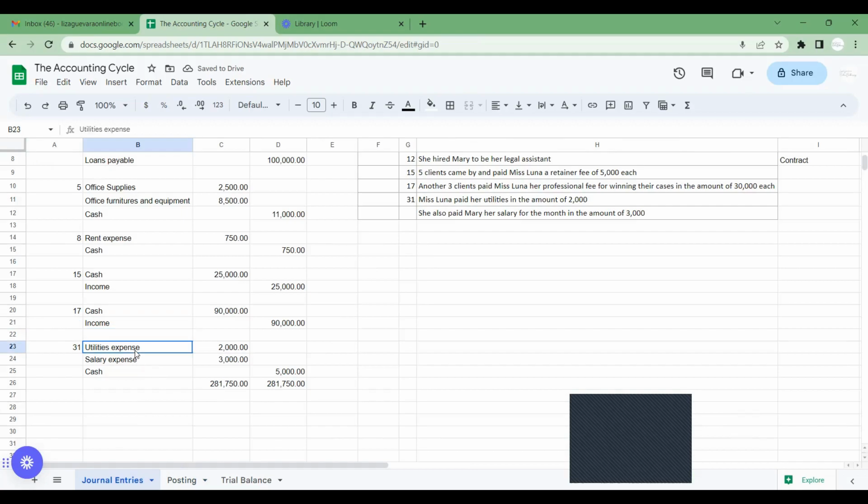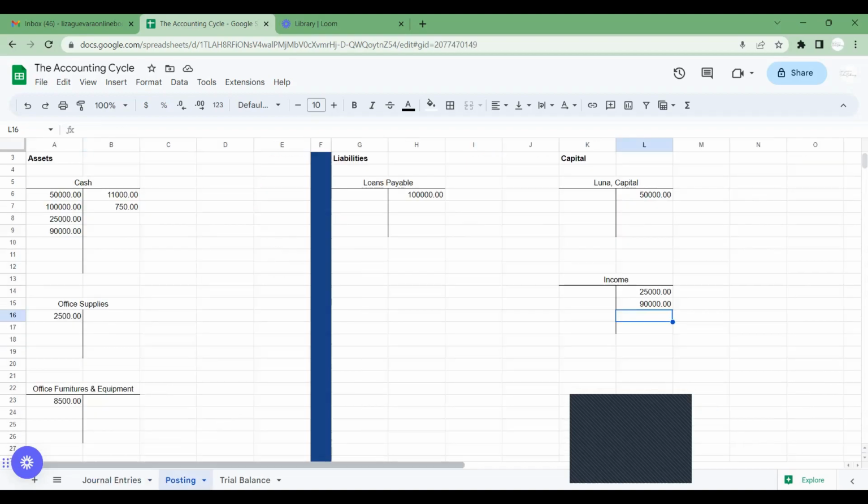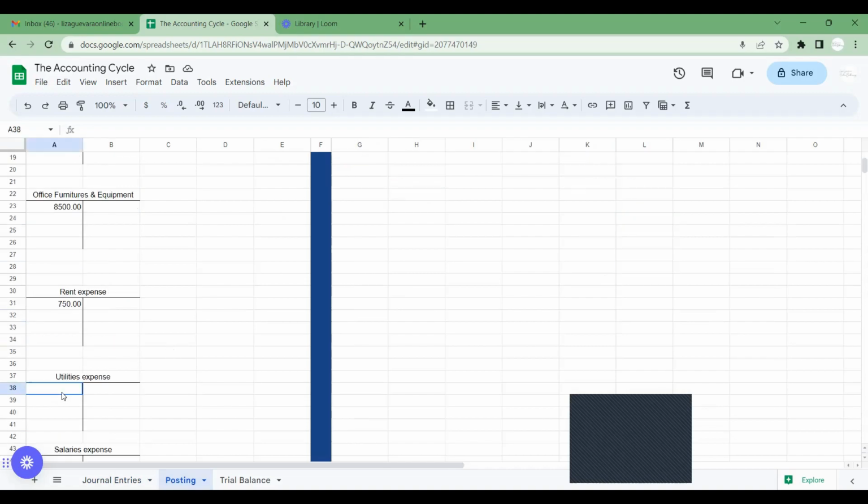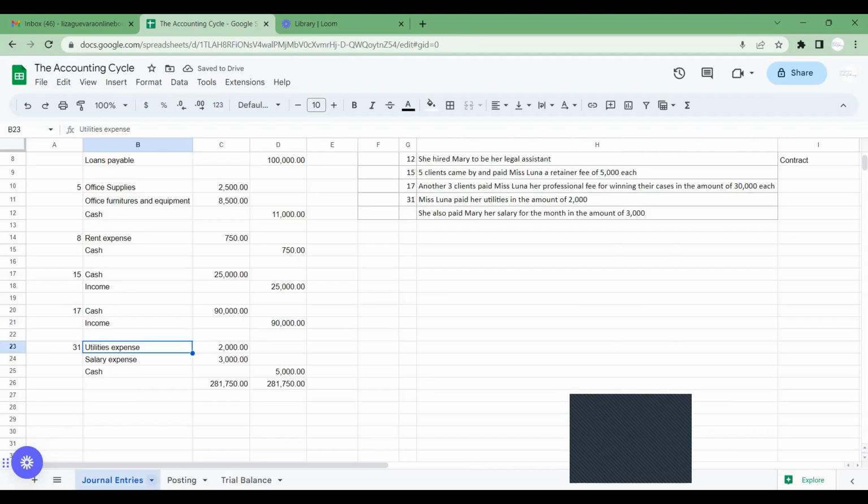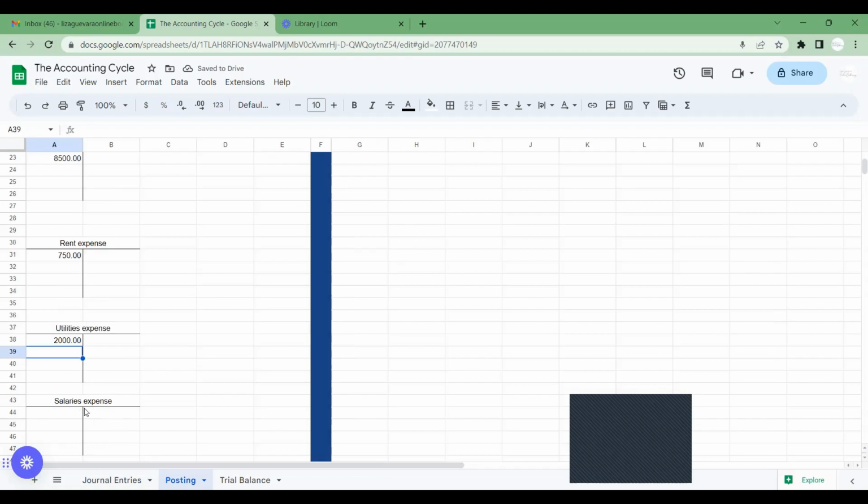And the last one, we have to debit utilities and salaries expense and credit cash. Utilities, how much is that? 2,000. And salaries expense, 3,000.